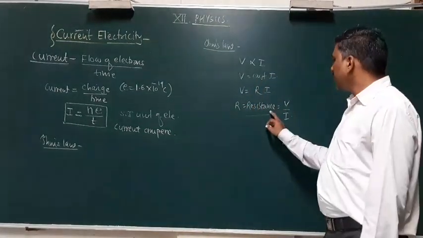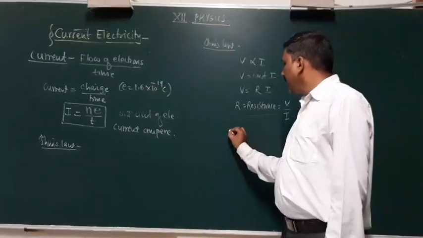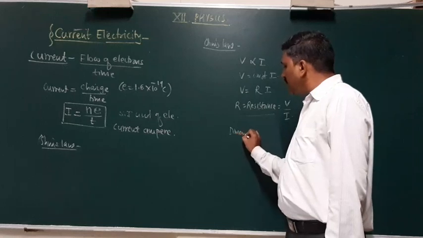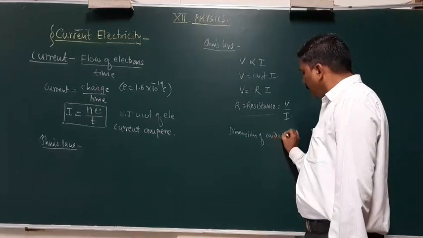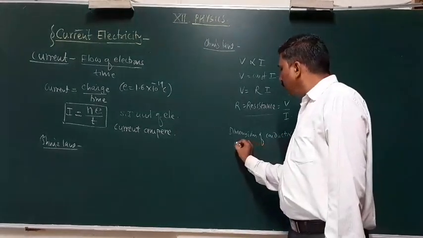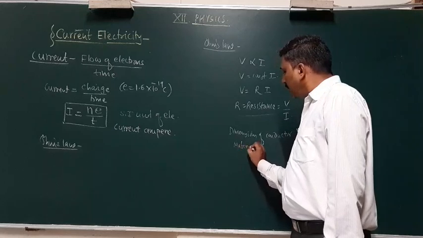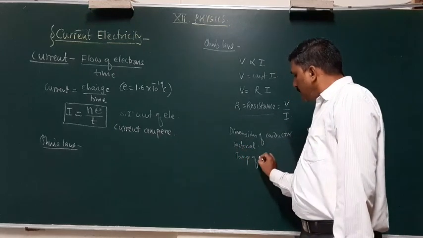Now this resistance does not depend on V and I. The resistance depends on the dimensions of the conductor, meaning its length and cross-section area, then the material used for the conductor, and also the temperature of the conductor.